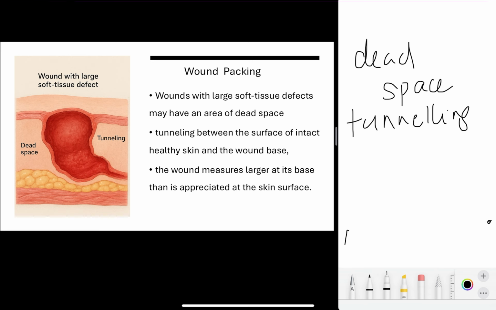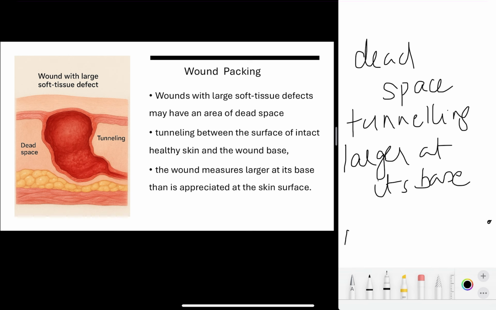The wound measures larger at its base than is appreciated at the skin surface.